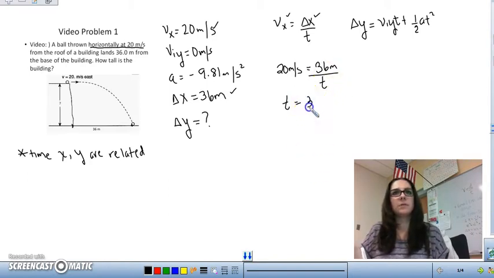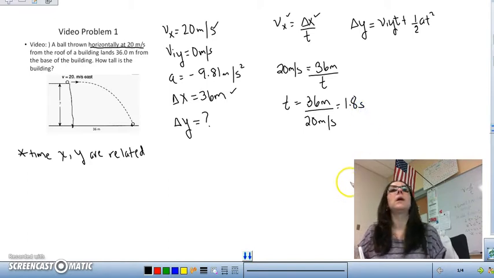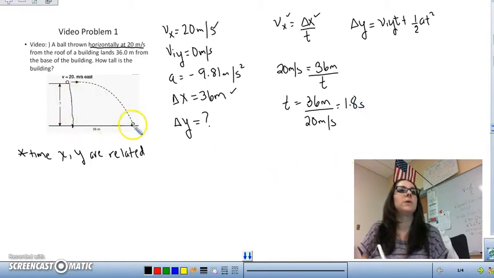So to solve this, you have to do 36 over 20, which equals 1.8 seconds. So that's the time it takes to move from here to here. And like I said, as it's moving this way, it's also falling. In fact, this dotted line represents moving in two directions.